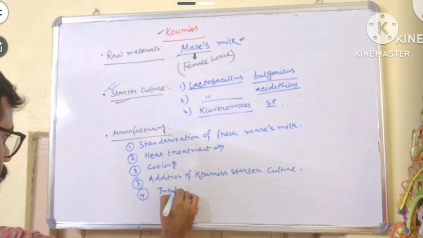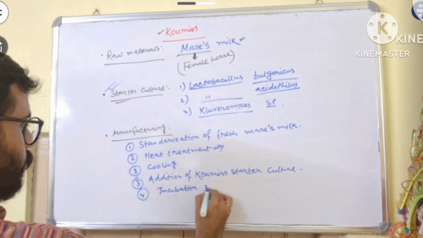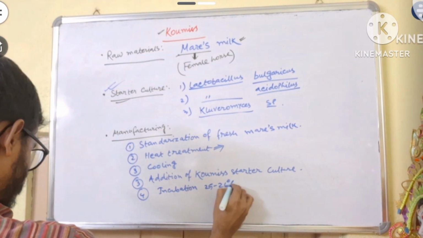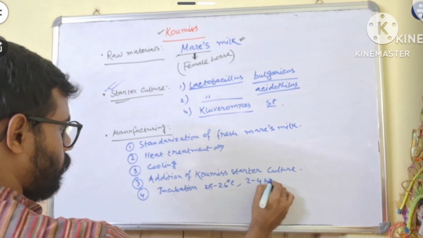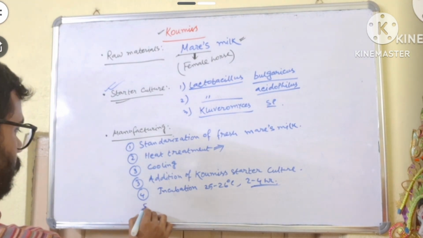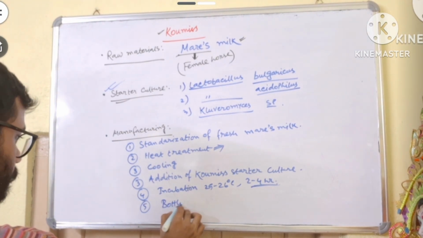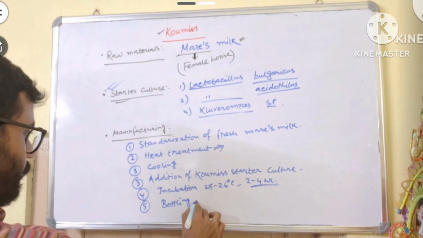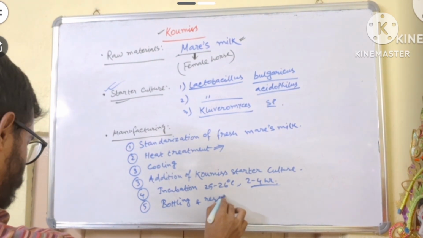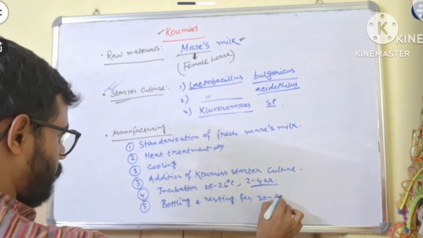Incubation: mesophilic bacteria need 25 to 26 degrees centigrade for 2 to 4 hours. Do not need more time here, just 2 to 4 hours. After that, bottling and resting for 30 to 60 minutes.